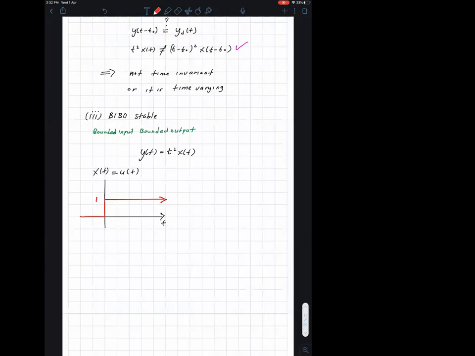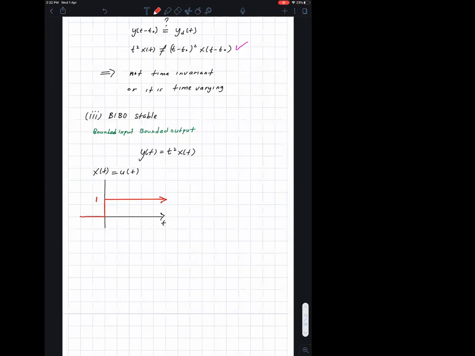Is this a bounded input? Somebody tell me, is this a bounded signal? Anybody knows the answer? Yes, this is a bounded signal because it only varies from 0 to 1.